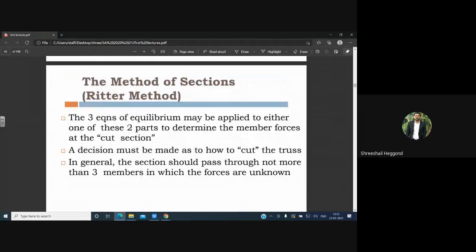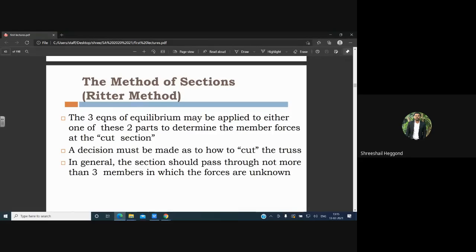The three equations of equilibrium may be applied to either one of these two parts to determine the member force at the cut section. As we have the basic equilibrium conditions, that is summation of Fx, summation of Fy, and summation of M, these will be applied to either one of these two parts of the truss, where in the previous step you divided the complete truss into two parts.